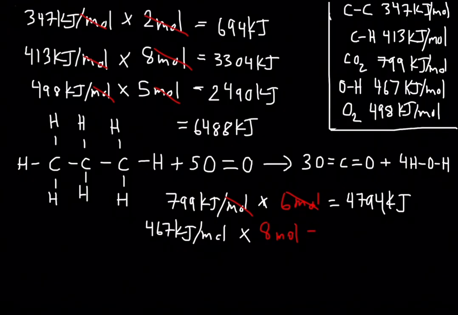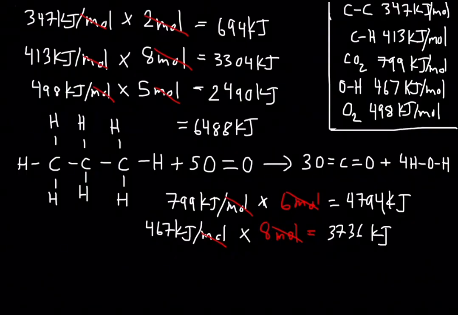We have 8 mole of that OH bond. So the unit mole cancels again. 467 times 8 gives 3,736 kilojoule.